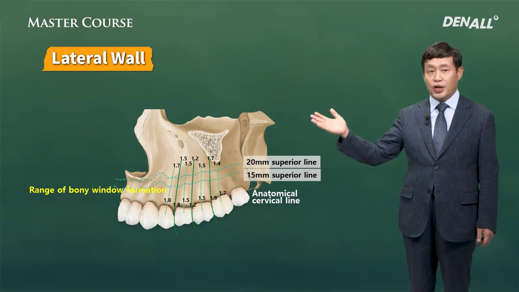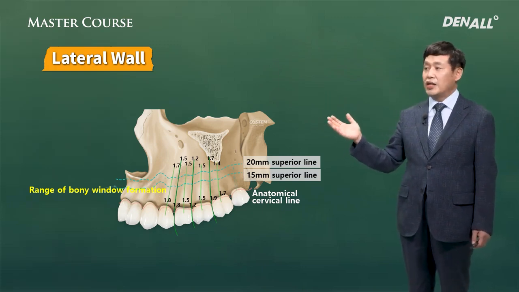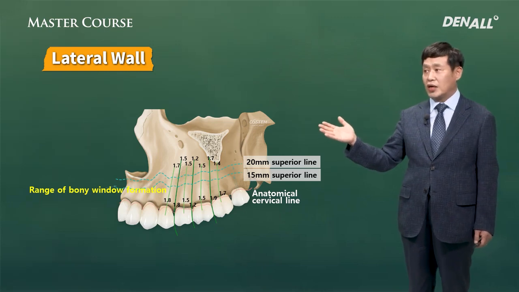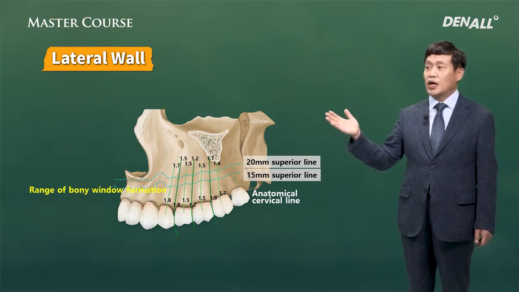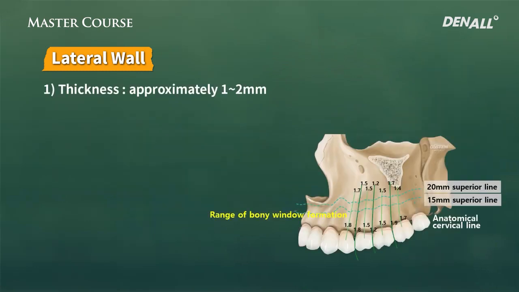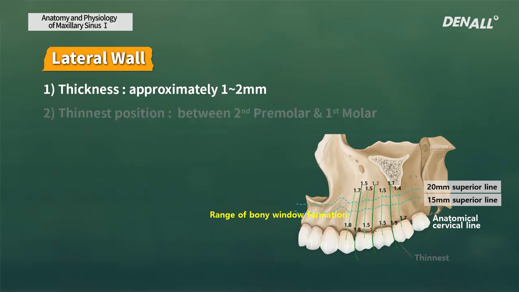The lateral wall is where we make a window for the lateral approach. Normally, thickness of the lateral wall in the maxillary sinus is about 1 to 2 millimeters. The thinnest part is between the second premolar and the first molar.